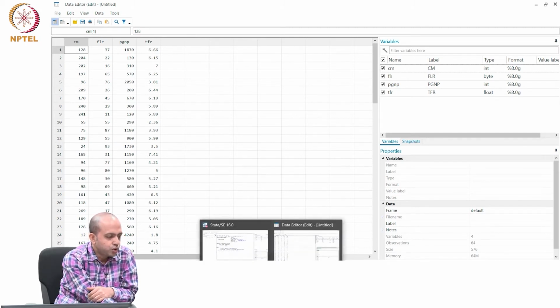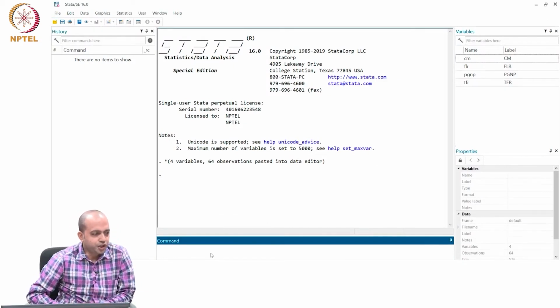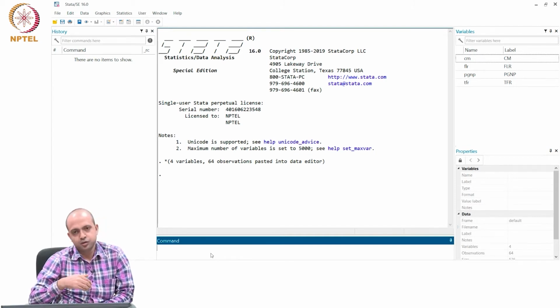So what we will do now is follow those steps. We have child mortality rate, FLR and PGNP, and we want to get the net impact of FLR on child mortality rate. So step 1, what do we need to do? We need to run a regression where the dependent variable is CM and the independent variable is PGNP, because we need to remove the impact of PGNP from both CM and FLR.